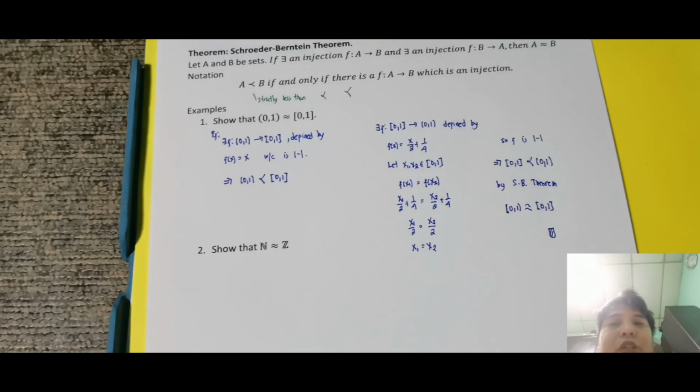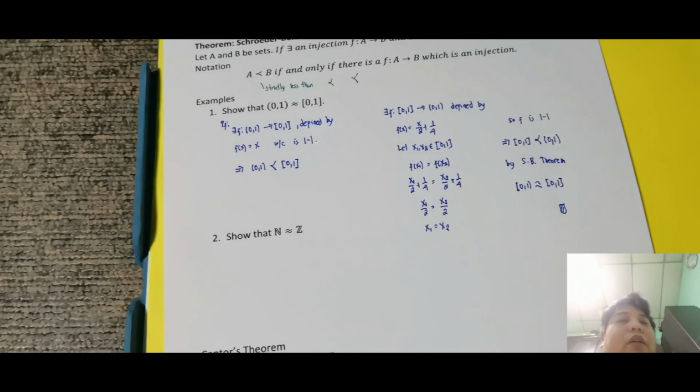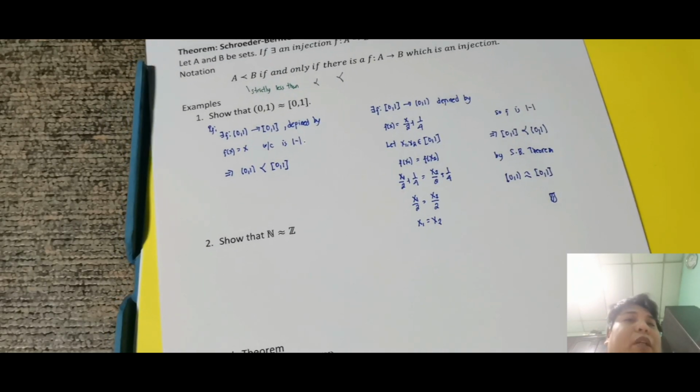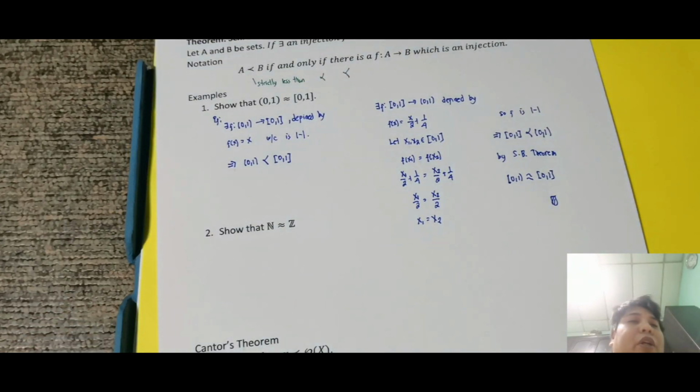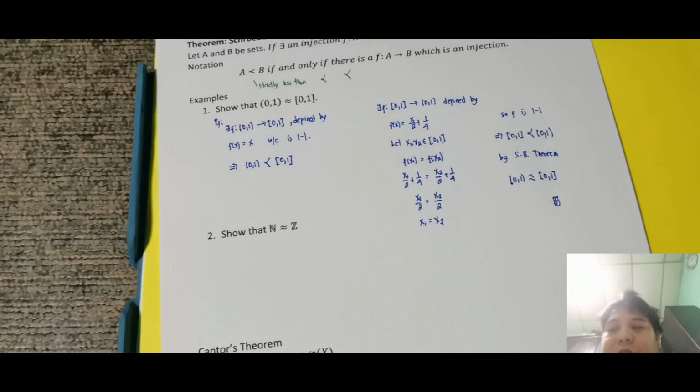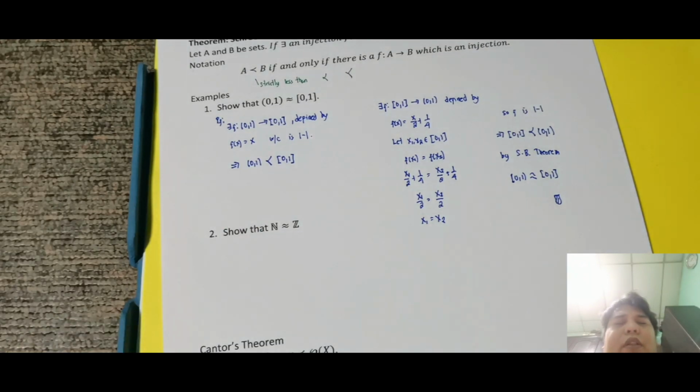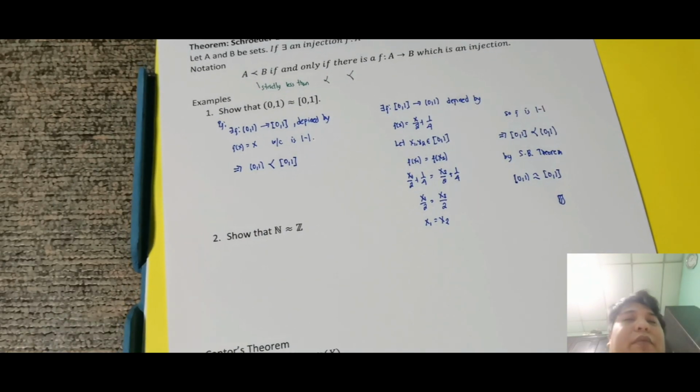Okay, next is show that the set of natural numbers is numerically equivalent to the integers. So alam naman natin na mas marami talaga yung laman na integers kumpara dito, pero since pareho silang ganyan, show natin na sila ay numerically equivalent sa isa't isa.